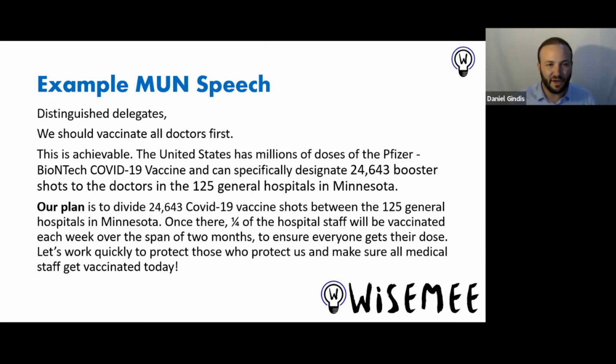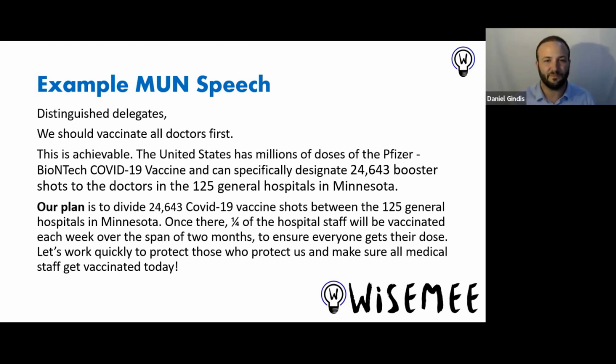Our plan is to divide the 24,643 COVID-19 vaccine shots between the 125 general hospitals in Minnesota. Once there, a quarter of the hospital staff will be vaccinated each week over the span of 2 months to ensure everyone gets their dose. Let's work quickly to protect those who protect us and make sure all medical staff get vaccinated today.